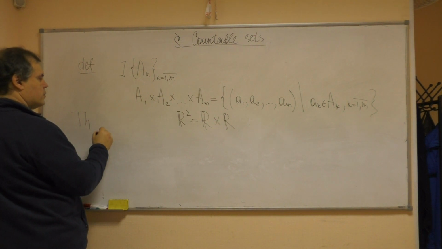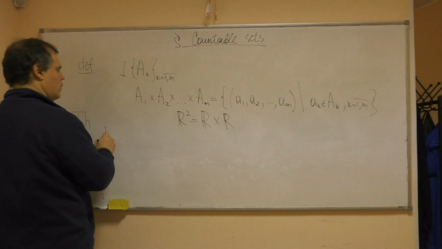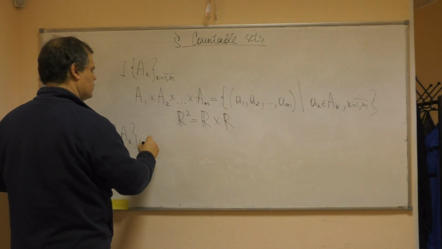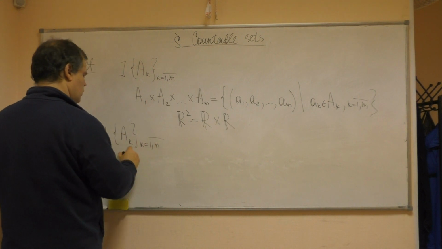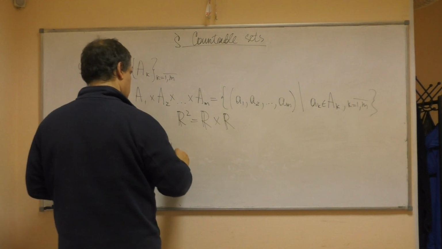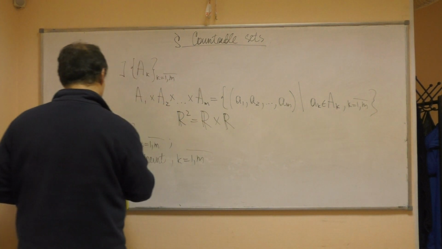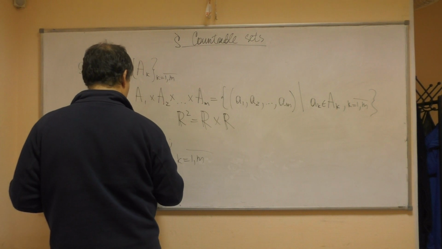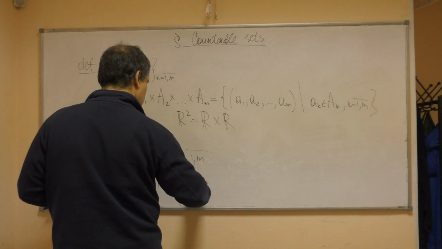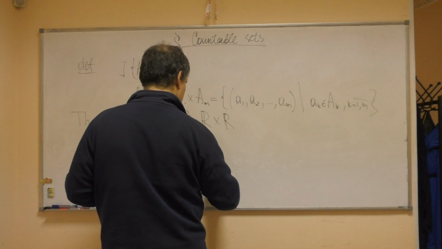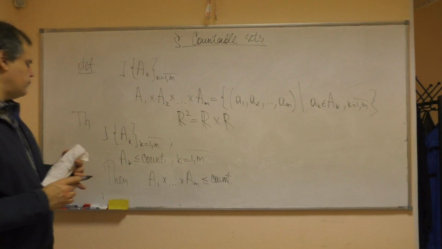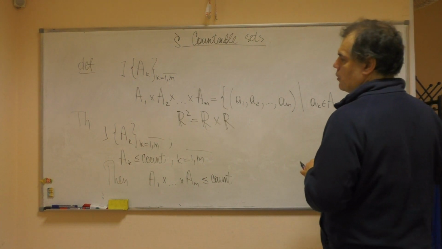If we have this finite family of not more than countable sets, then the Cartesian product of these sets is also less or equal than countable. Proof.